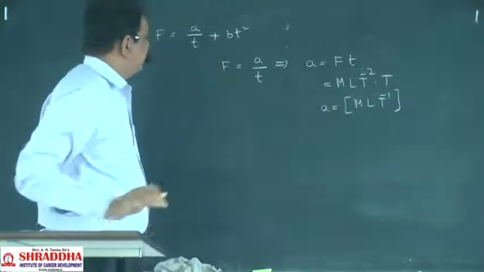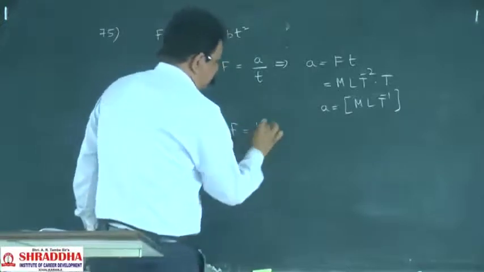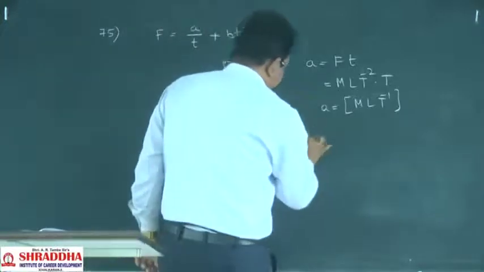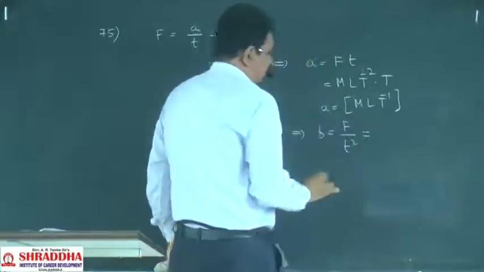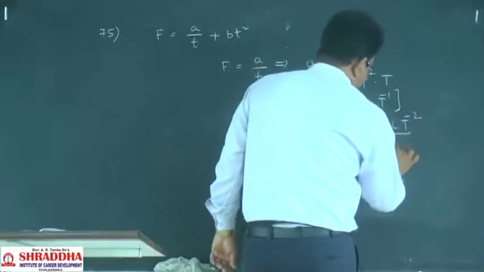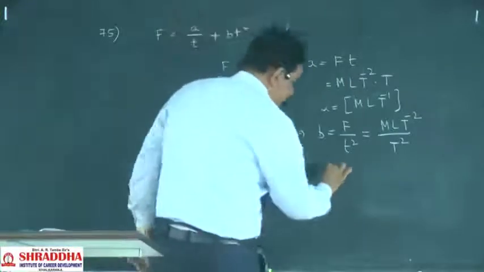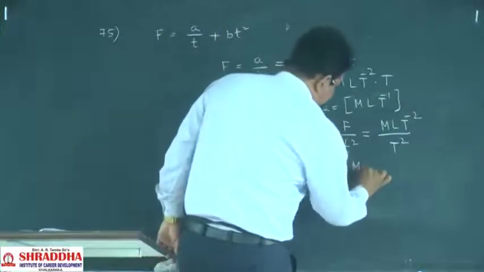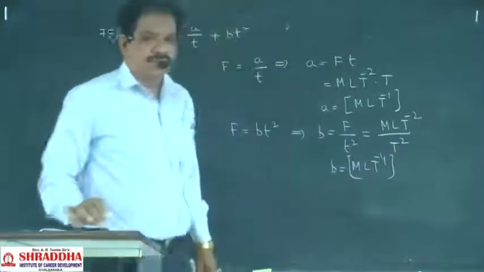Next, B value. F is equal to BT square. From this, B is equal to F by T square. So MLT power minus 2 by T square. So B is equal to MLT power minus 4.